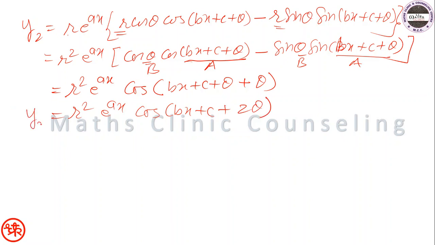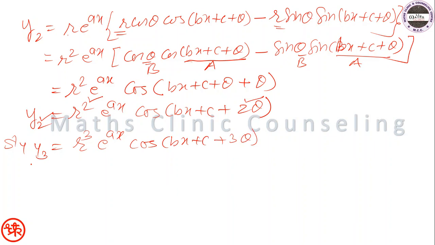This is y2. So look at here, 2, here is 2, here is 2. Is that clear? And therefore similarly y3 is equal to r to the power 3 e to the power ax cos of bx plus c plus 3 theta and so on.